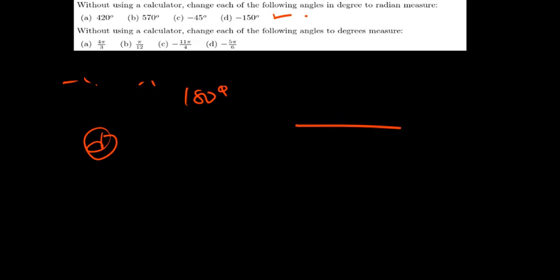Okay, now let us jump into the opposite of what we were doing. Without using a calculator, change each of the following angles to degree measure. So it's the same thing. We have got 4 pi divided by 3. So you are now doing the opposite of what we were doing. Pi will be on the denominator, 180 will be on top. So pi and pi can cancel out.